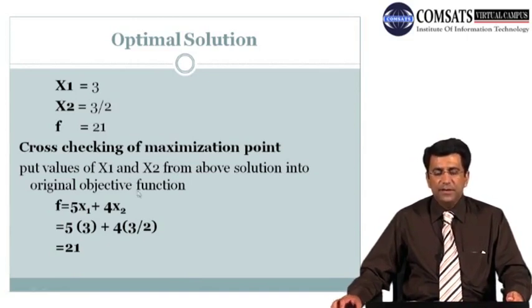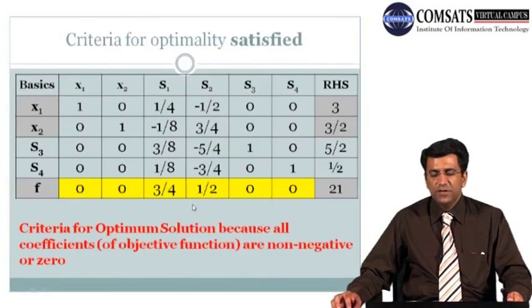And again, we have a check here to see whether we have computed our values rightly or not. When we put the values of x1 and x2 in our objective function, we get the value of 21. Now this value of 21 should match the objective function value in this particular table, that is equal to 21.